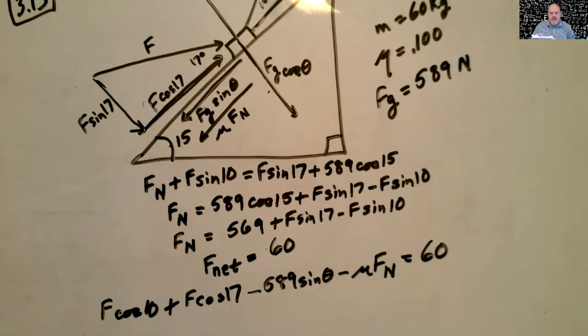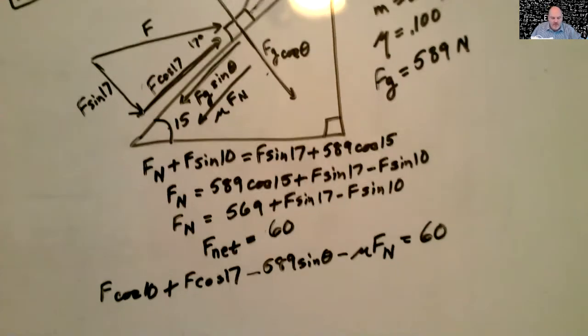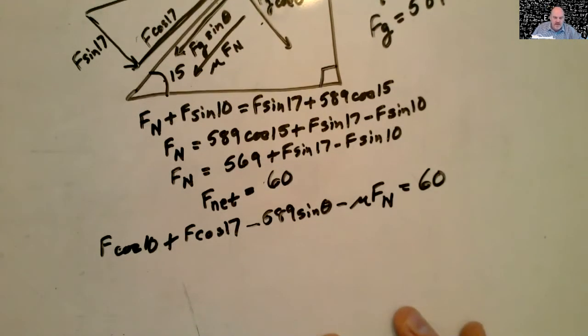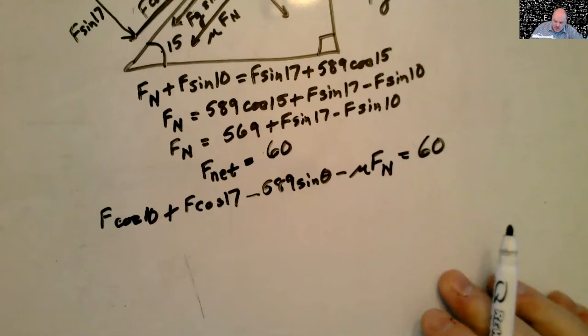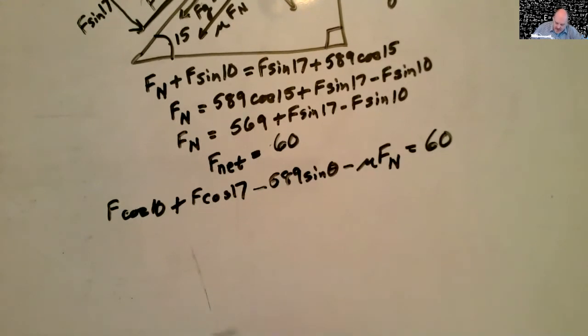Okay. So I really don't need the inclined plane anymore, so I'm going to keep moving this down here because I have everything I need. I'm trying to solve for this F right here, that force. This is going to get really bad.